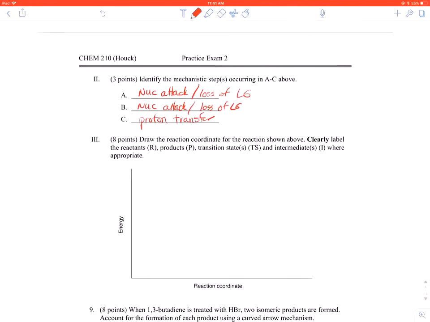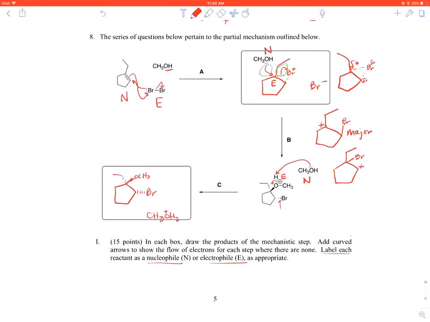Okay, next is draw reaction coordinate diagram. All right, so we know reactants, products, this is an electrophilic addition, so it's an energetically favorable process. We have one intermediate here. I'm going to label it I1 in purple. And then we have another intermediate here, I2.